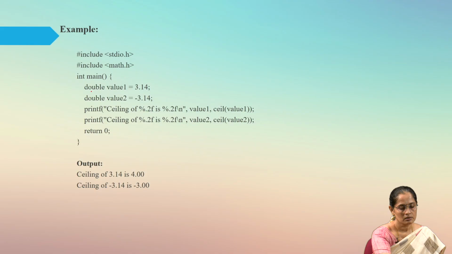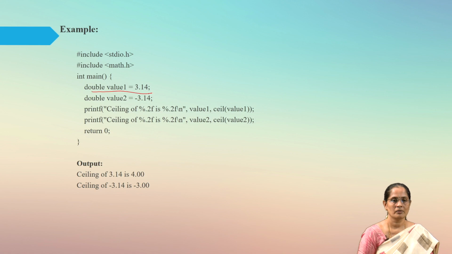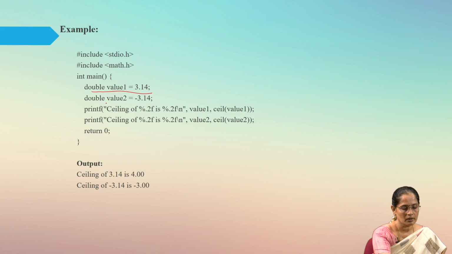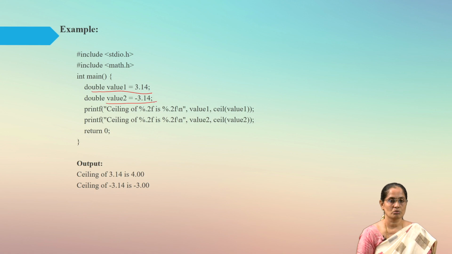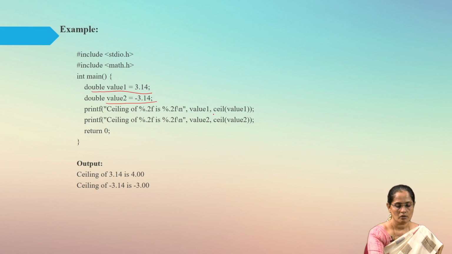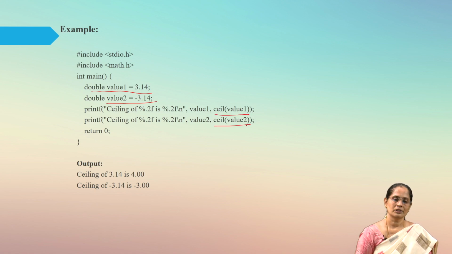This will actually allow us to do the rounding process. Here I declare a variable named value1 with the value 3.14. Also, we are declaring a variable value2 with the value minus 3.14. If I apply the ceil function for value1, it is a positive value, and the ceil function for value2, it is a negative value.